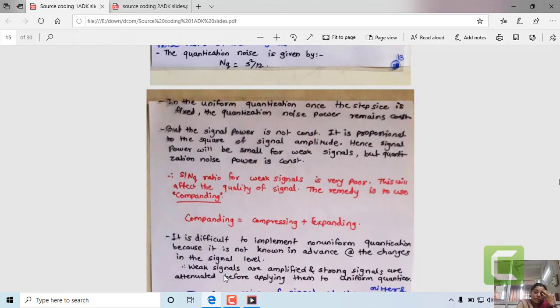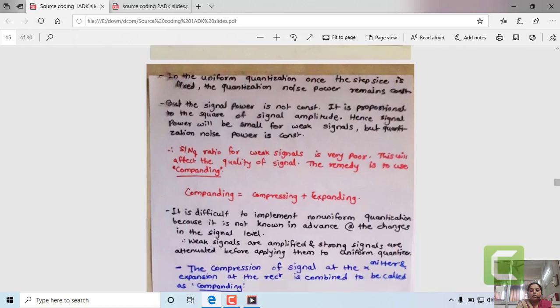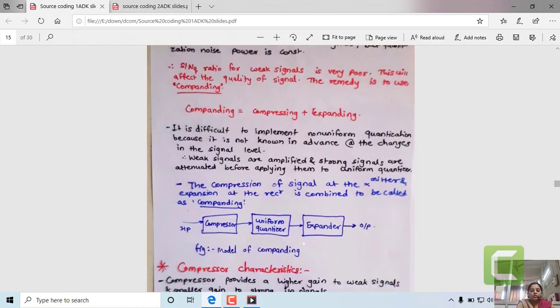If weak signals are there, those are to be amplified, and if strong signals are present, those are to be attenuated. But in practical implementation of the non-uniform quantizer, a uniform quantizer itself is used. In the compounding block, the input signal will be taken; on the transmitter side, a compressor has to be applied for the stronger signal.